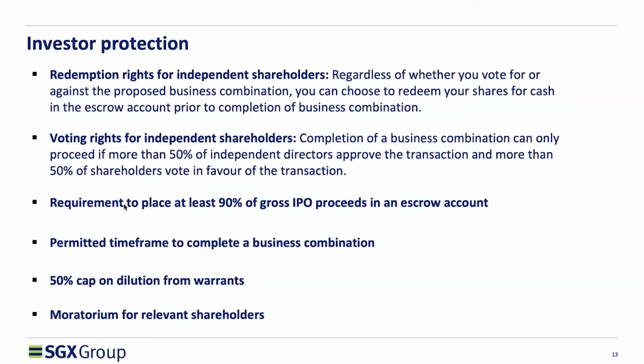So what this means is that they cannot be using your capital for other reasons apart from those stipulated as part of the prospectus during the IPO, and they are bound by rules around what can be incurred against the IPO proceeds versus those that cannot be incurred as expenses. There is a time frame for the sponsors to be completing the business combination, so they can't take forever and be holding onto your capital while they continue to look for a target to be acquiring.